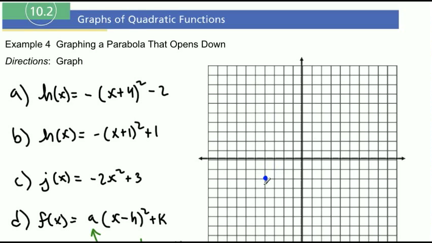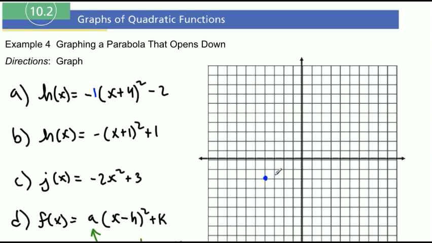Okay, most important point right here, the vertex. Now from that point, we're going to go over 1, up 1, over 2, up 4. But check this out. Remember, we have to multiply by a, right? So think of this as our a. It says -1. Well, if I multiply over 1, up 1 times a, a is -1.